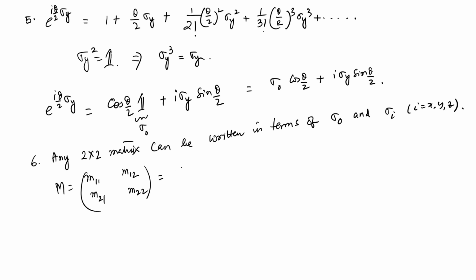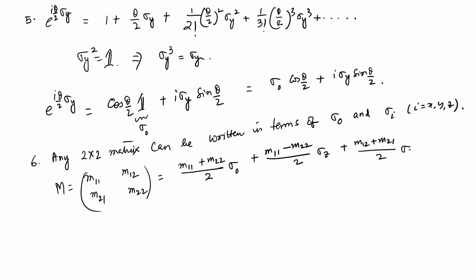It can be written as M11 plus M22 divided by 2 times sigma 0, that is identity, plus M11 minus M22 divided by 2 sigma z, plus M12 plus M21 divided by 2 sigma x, plus M12 minus M21 with the i here, divided by 2 sigma y.